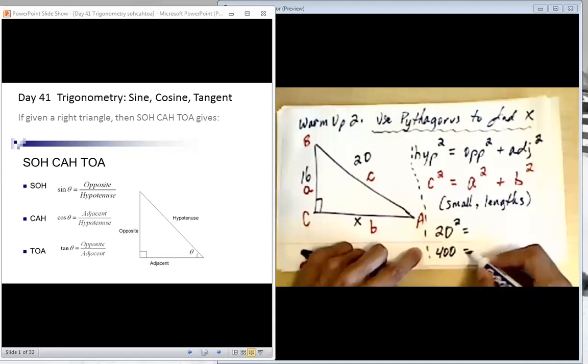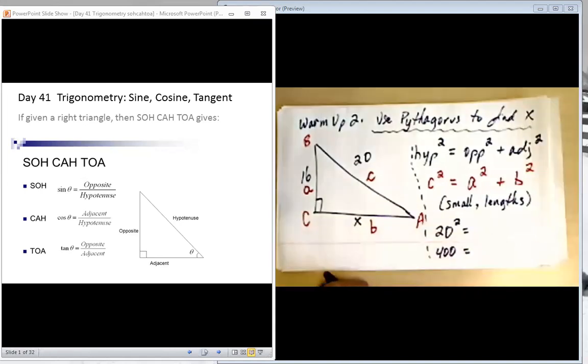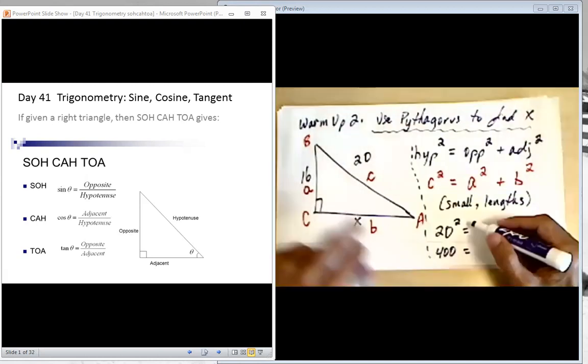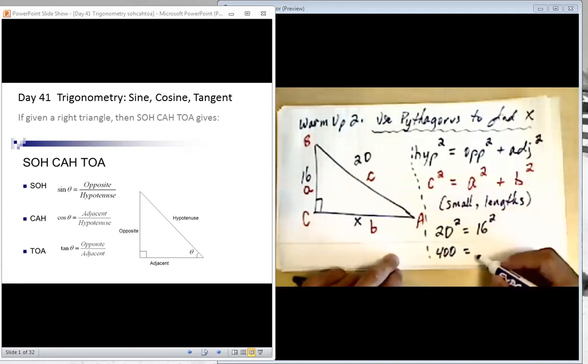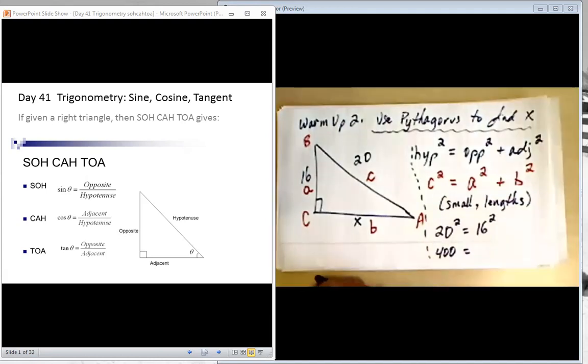We can use that. It is 16 for side A over there, the length. What's 16 squared? That's 8 squared?